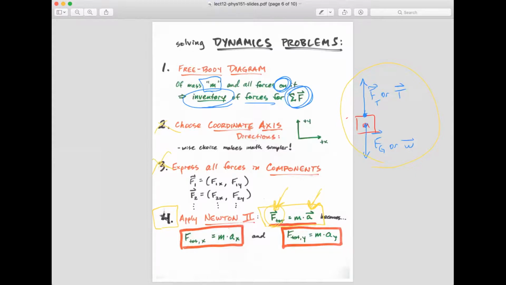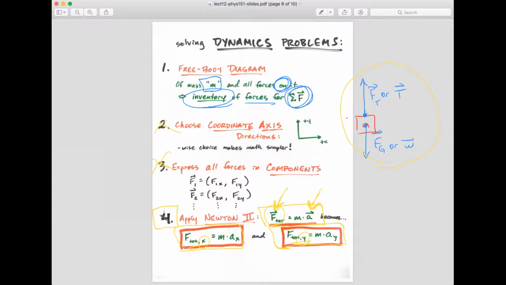A lot of the time we're going to care about just one component of one force. So we'll have a situation where we just want to find, for example, just the tension or the normal force, which may only exist along one component, or may have portions along both directions or dimensions, in which case we may need to write everything out in terms of components.